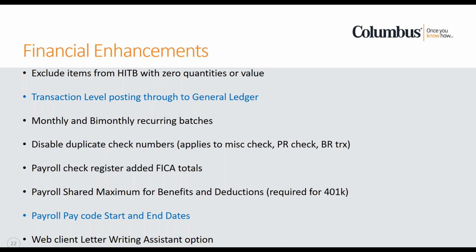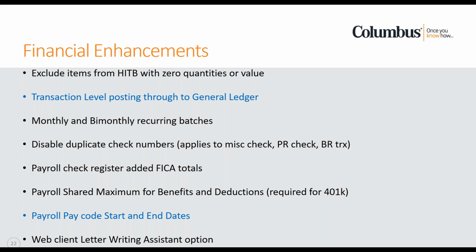Well, with 18R2, they've optionally given us the ability to continue to transaction level post at the subledger, and also post the general ledger at the same time, and so without creating the GL batch. And so that's a fundamental change to how posting works. We talked about the monthly and bi-monthly recurring batches already, so that's really what that feature is.